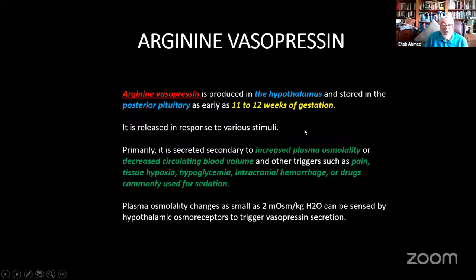And the stimulus is either increased plasma osmolality or decreased circulating blood volume. So it maintains the blood volume constant. It makes the urine output less. And it could also be secreted by other stimuli like pain, hypoglycemia, IVH, or drugs.